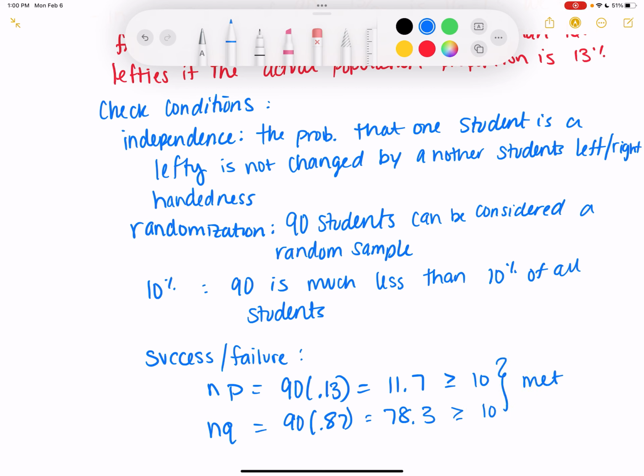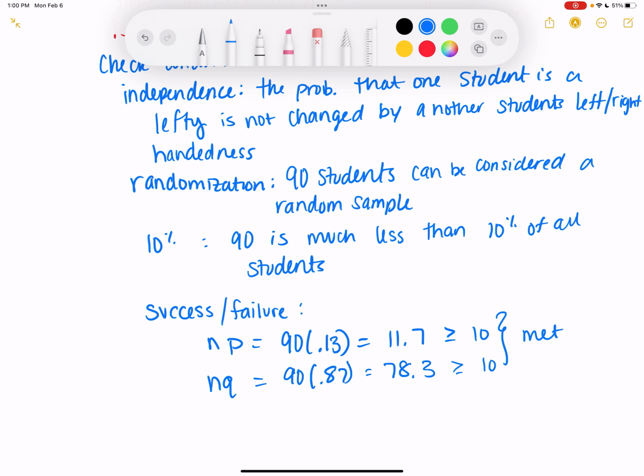So that's met. I'll let you get that, and I'll keep going. Okay, so based on that, the conditions are met for a normal model.